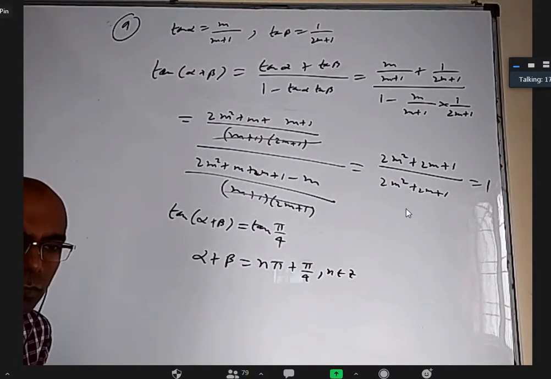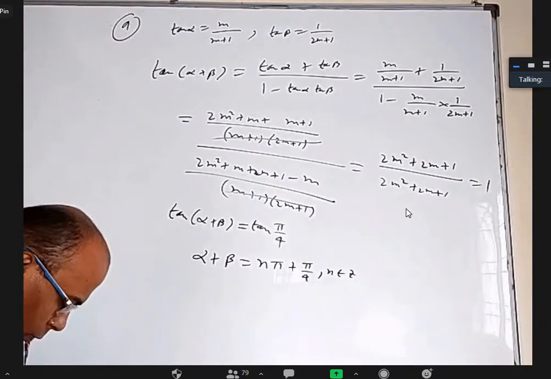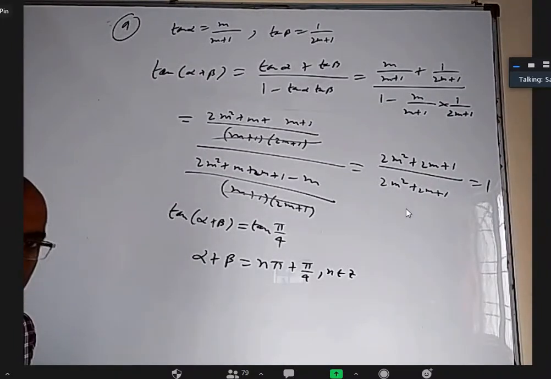By splitting middle term and factorization. Yeah, we can split the middle term, we can factorize. It's almost like a quadratic equation, we can do that.